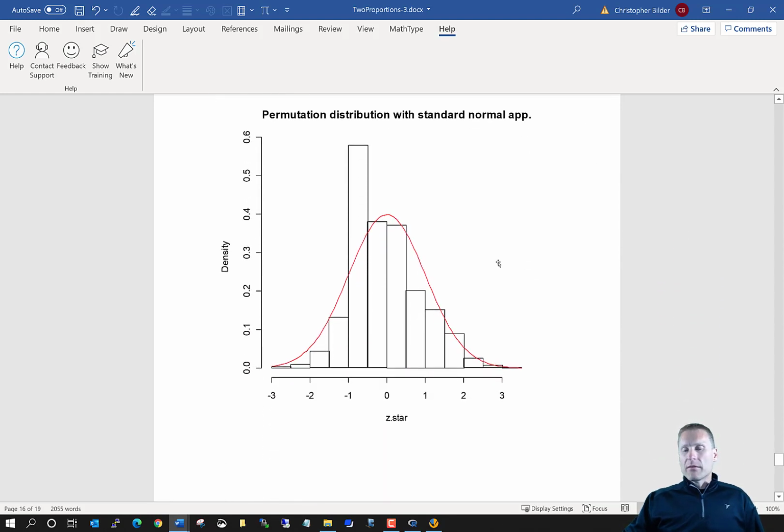And what we have here is what's called a permutation distribution for these z's, without going into all the details. And by the way, I'm not going to ask you a question about this on a test or anything like that. And this histogram is essentially an estimate of what the true exact distribution is for z.